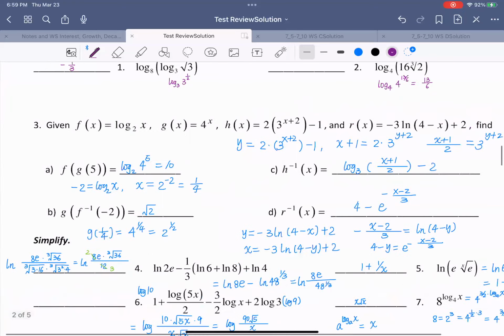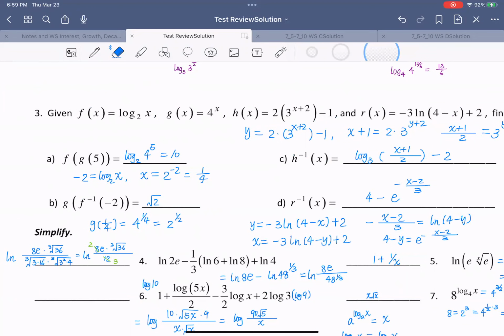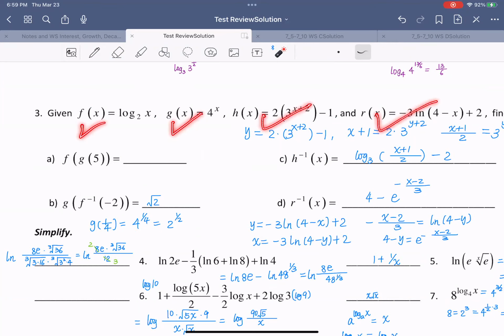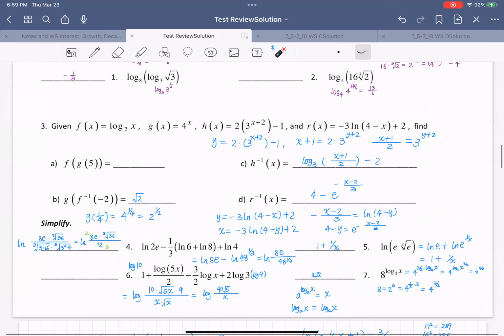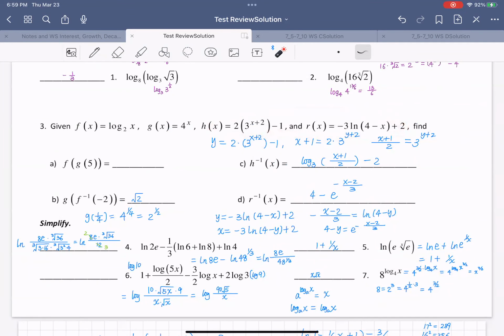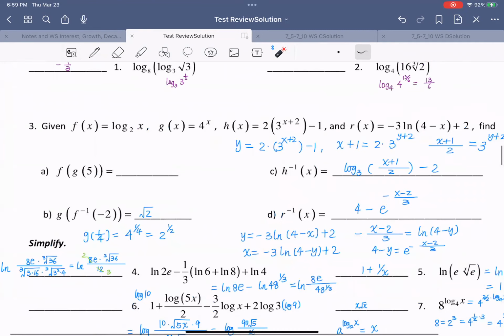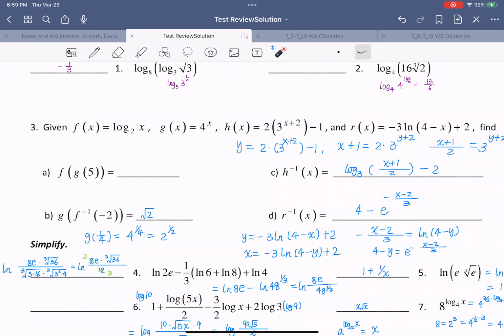Next, we will do the composite function. You have f(x), you have g(x), you have h(x), you have r(x). And this looks ugly also. You want to put 5 first into g and then solve this. So we will do step by step. Let's see here.